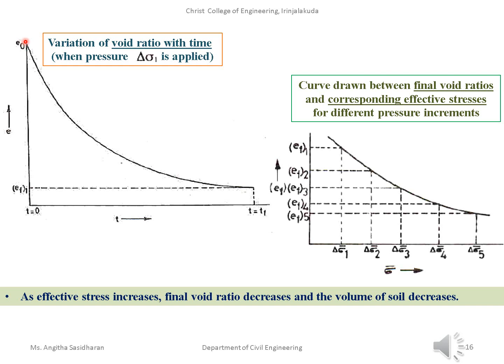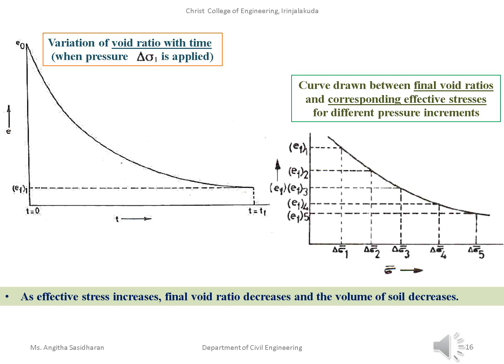Initially the void ratio was this, and when the load is applied and sustained over a long time, until t equal to t_f, the consolidation process is happening and the void ratio is decreasing. That means volume is decreasing, and finally by the end of the test we will have a final void ratio, e_f1. The 1 means it is for the particular load increment delta sigma 1.